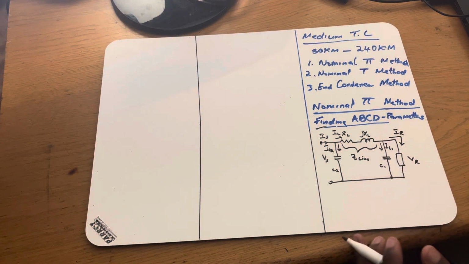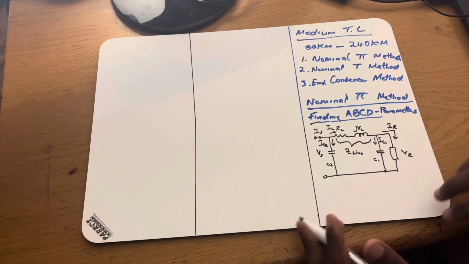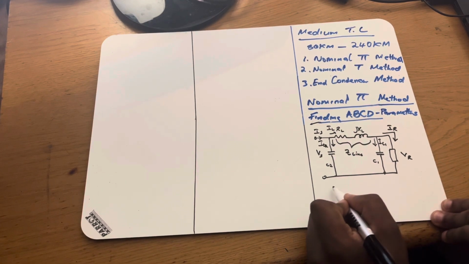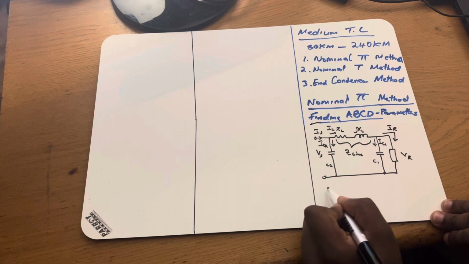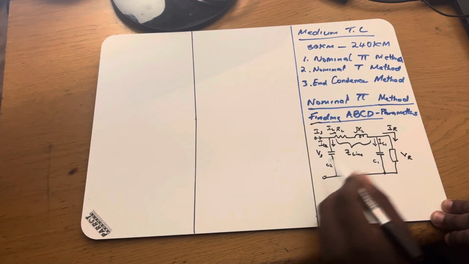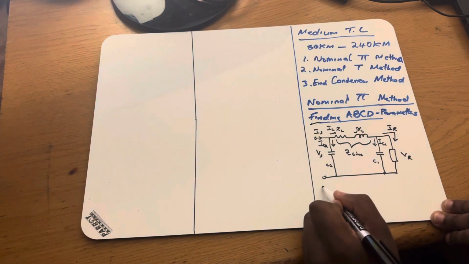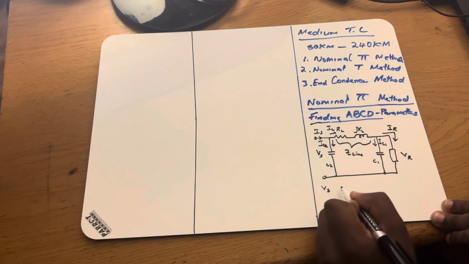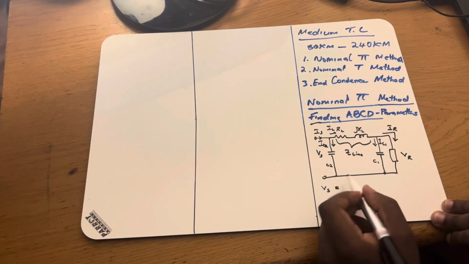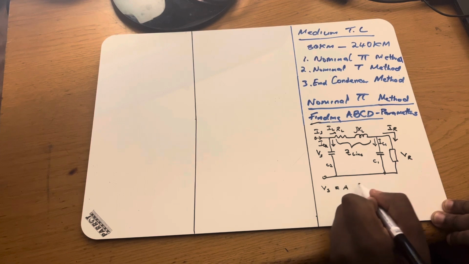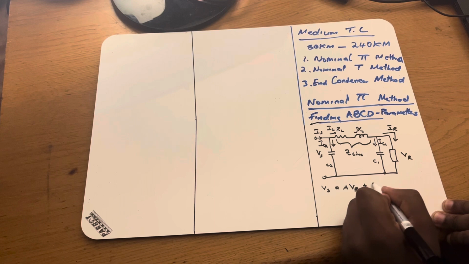Okay, so in the ABCD method we are looking at the equations of VS and IS with coefficients of these constants ABCD. It will look something like this: A multiplied by VR plus B multiplied by IR.